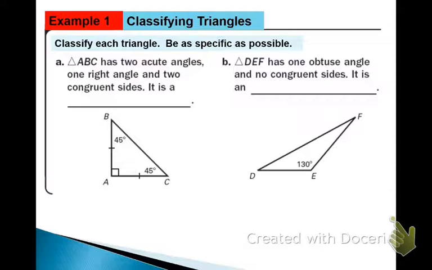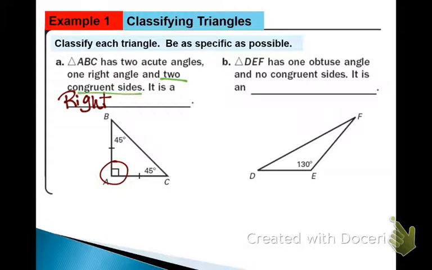Let's look at the angles first. What is the biggest angle here? A, which is 90. So what do we call an angle that is 90 degrees? Right. So right is the first part of the classification because the largest angle is a right angle. After that, we look at the sides.